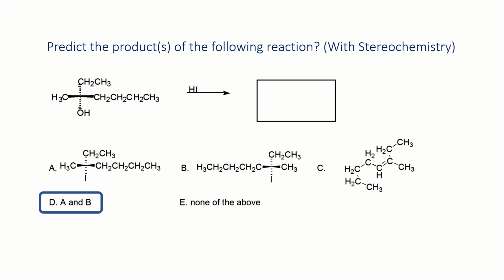Exactly. The product that results is substitution, but of course, because we've gone via the intermediate, which is cationic and planar, we can adopt either face, resulting in a racemic species, i.e., both isomers.